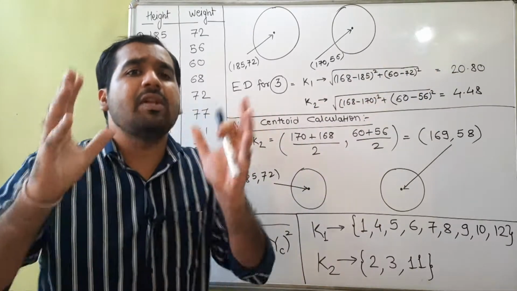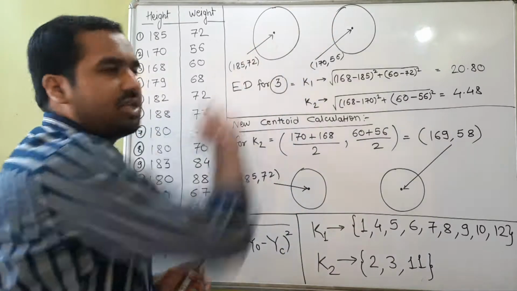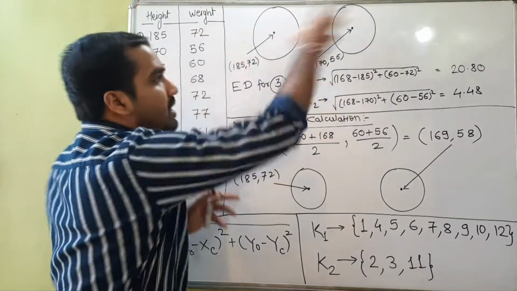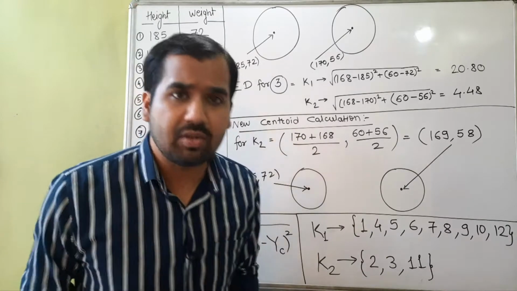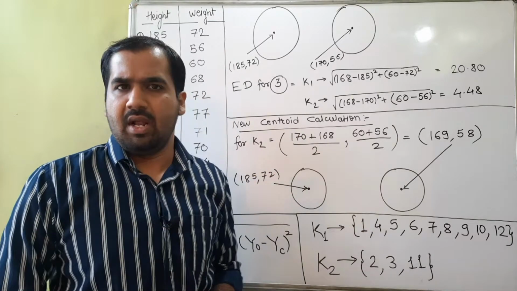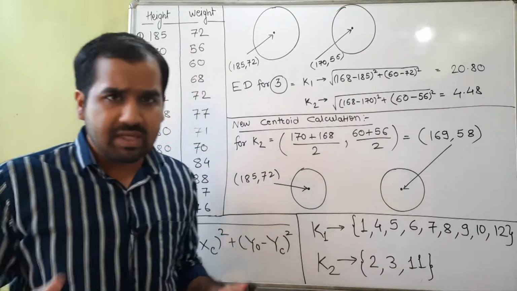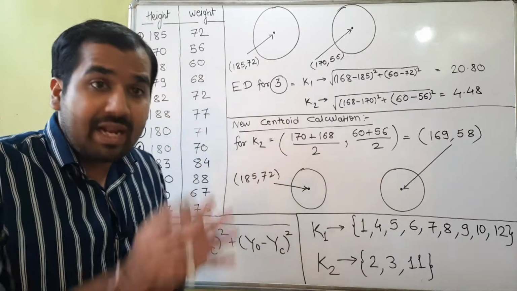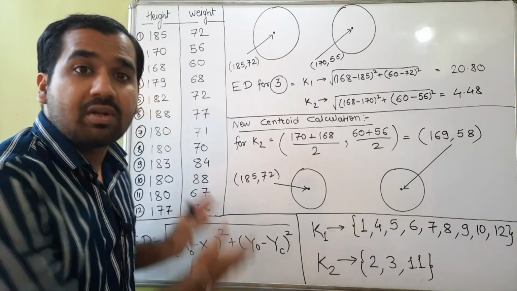So what are the steps that we need to execute to get these 2 clusters and put the data into the respective clusters? Basically, the k-means clustering algorithm is an unsupervised learning technique. What do I mean by unsupervised? Here you will not get any labeled data. No target variable is provided in your data set.